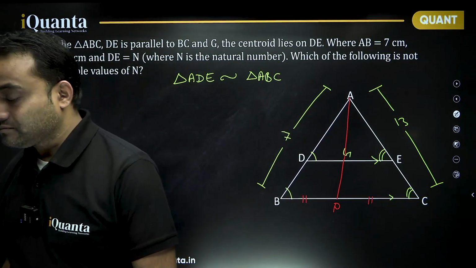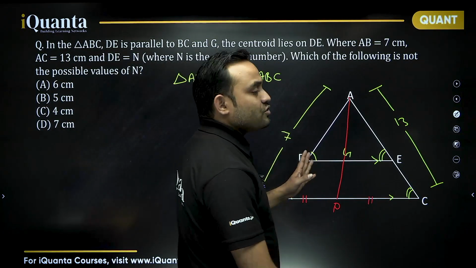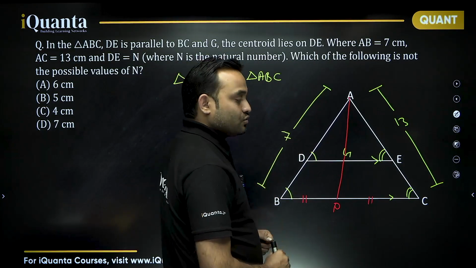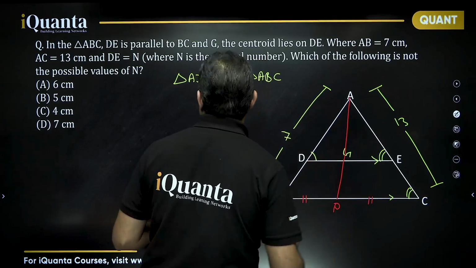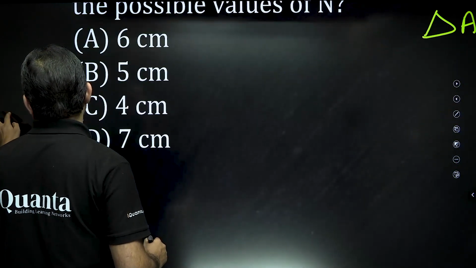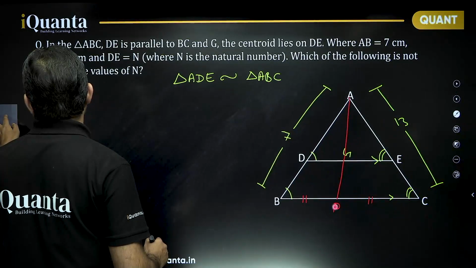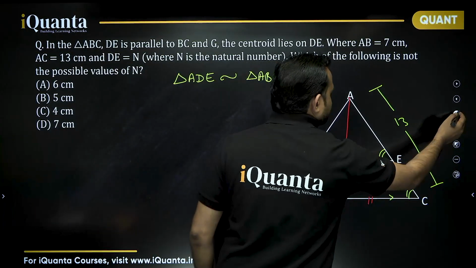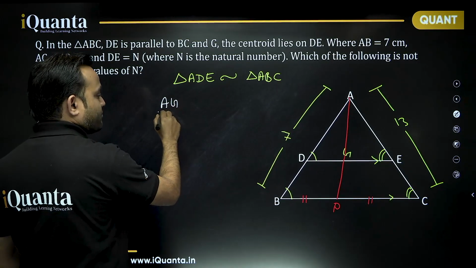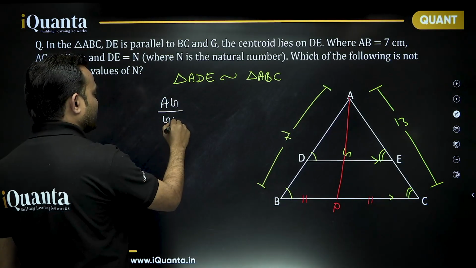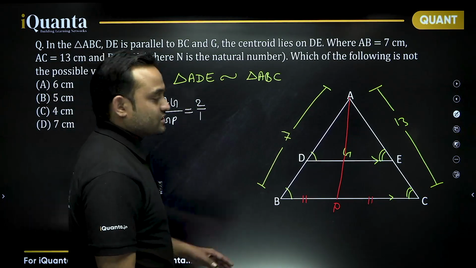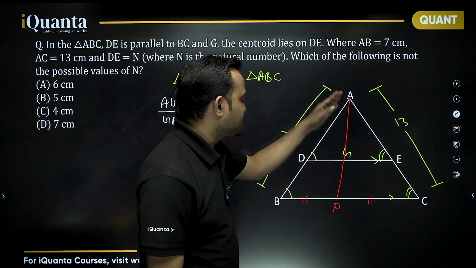Now, what do we know about the centroid? That the centroid divides a median in the ratio 2:1. That means we can say that AG upon GP will be equal to 2/1. Now think about this. These two triangles are similar.